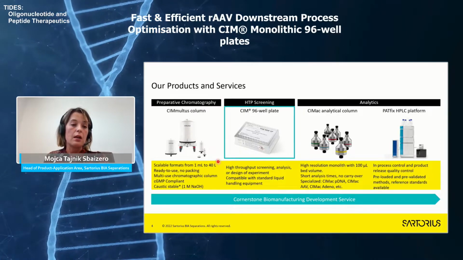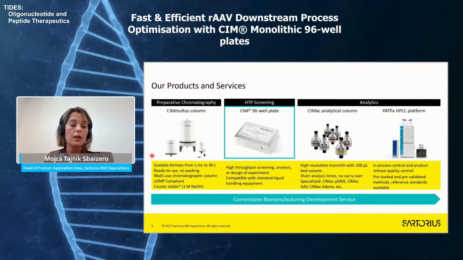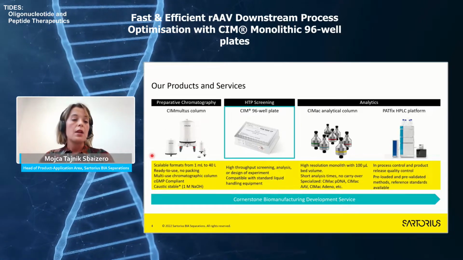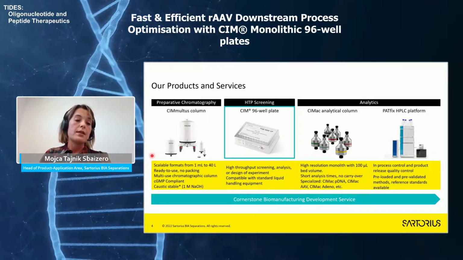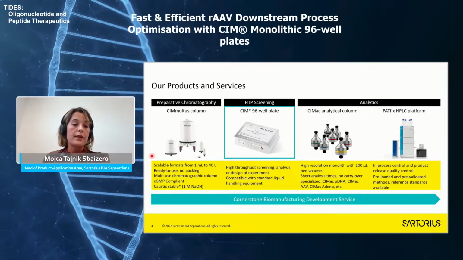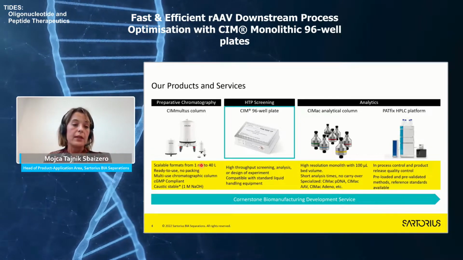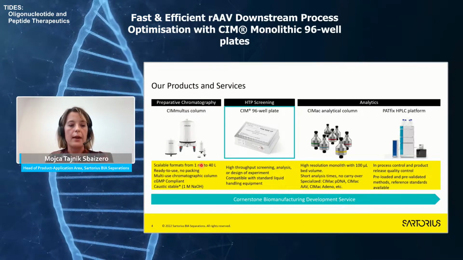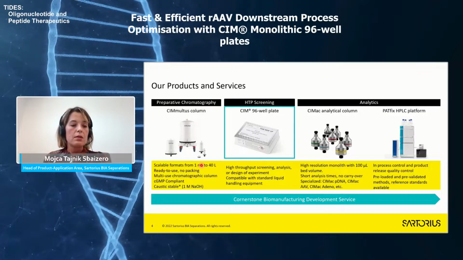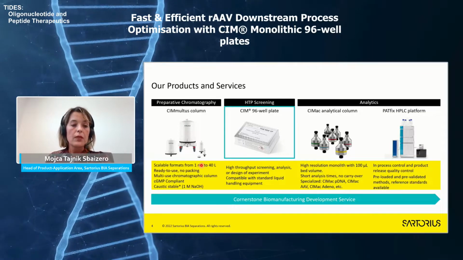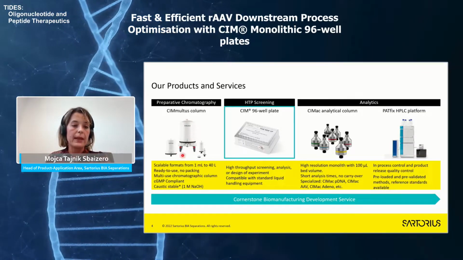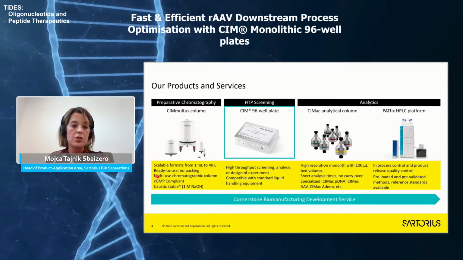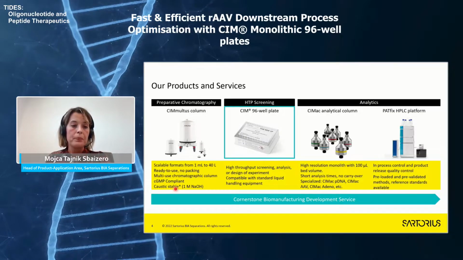This is a very large portfolio of preparative chromatography columns, and this Simultus line is scalable. We can design the process on a 1 milliliter column and then transfer it to manufacturing up to 40 liter scale. They can be single use or multi-use. They are ready to use, we don't need to pack them in the housing. And for manufacturing, they are also cGMP compliant.